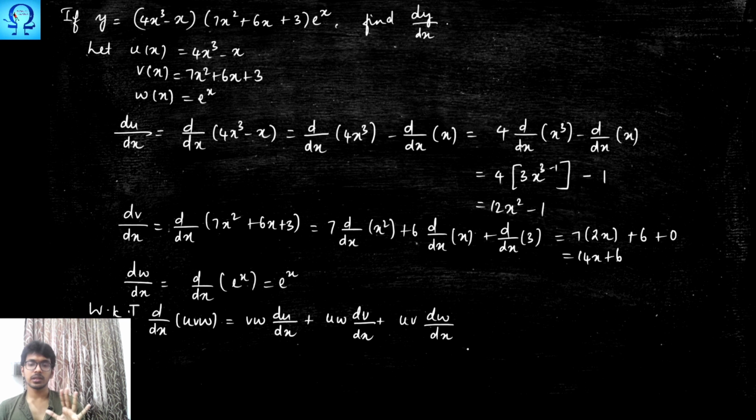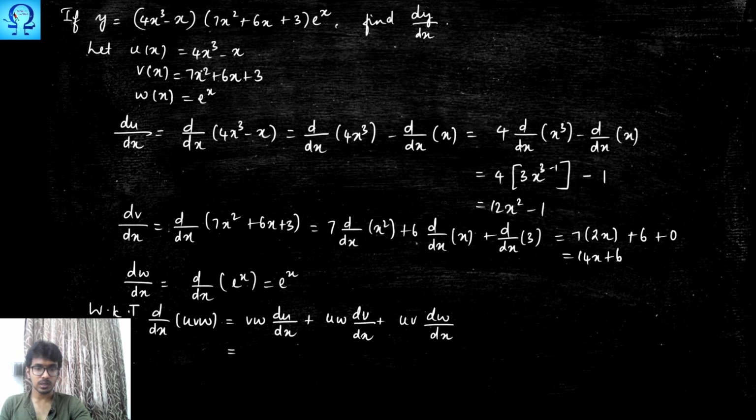All you have to remember is that you will have to make combinations of two functions. With these three functions, you can take three different combinations, have two functions as it is and differentiate the other one. This is how you will get three combinations. All the three combinations have to be written down, and finally give these values.